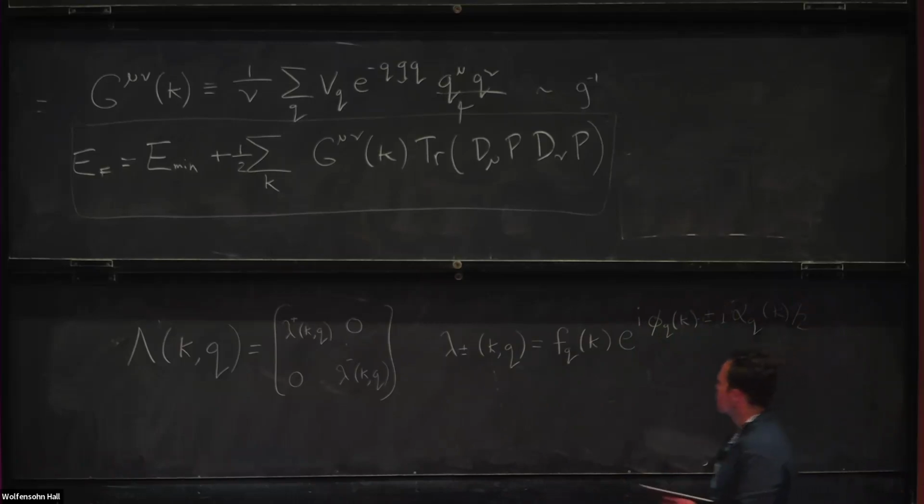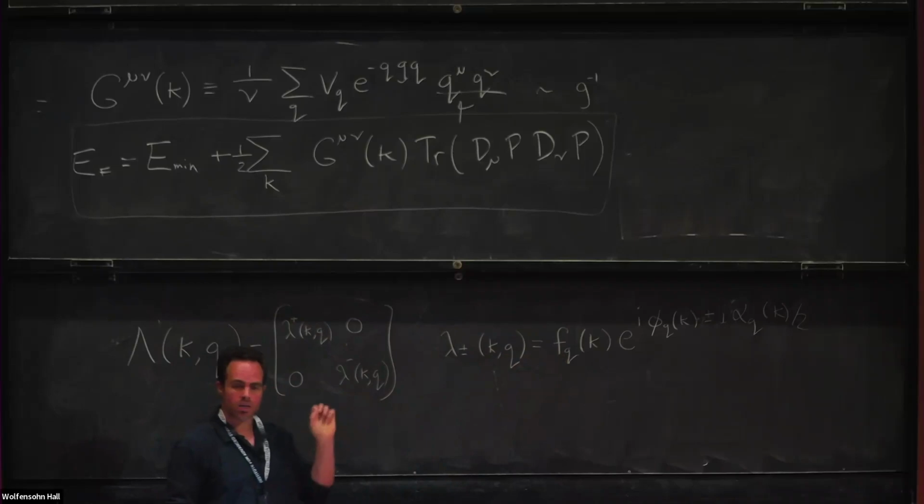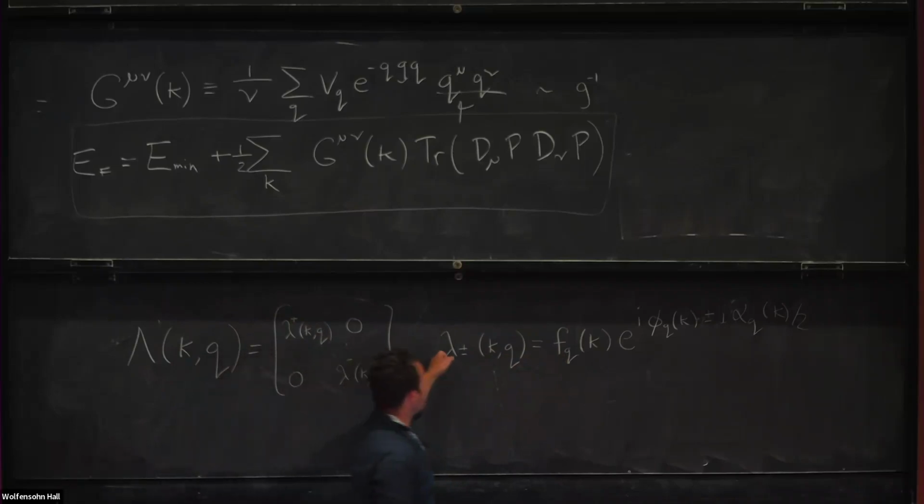So the fact that I'm assuming the form factor has the same magnitude for plus or minus is exactly this approximation that I assume that the quantum metric is proportional to the identity, that they have the same amplitude, and that they differ by this phase here, alpha q.